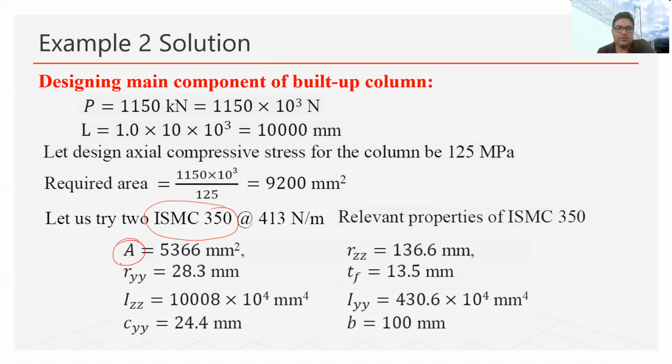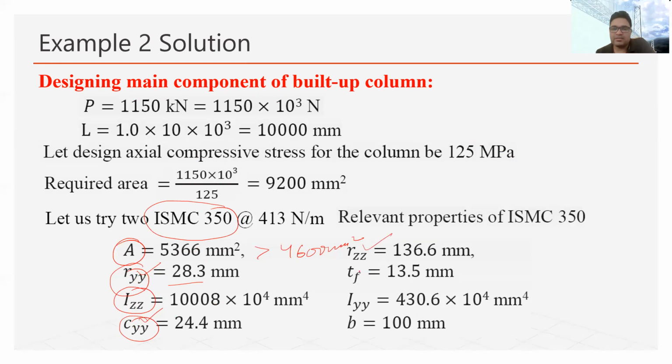The A value is 5366, which is more than 4600, which is okay, and the individual radius of gyration for the channel section, RYY, is 28.3. This will be very important. We will use it when we find the spacing of the batten. Similarly, the IZZ value and the CYY value will also be used when we calculate the S value.